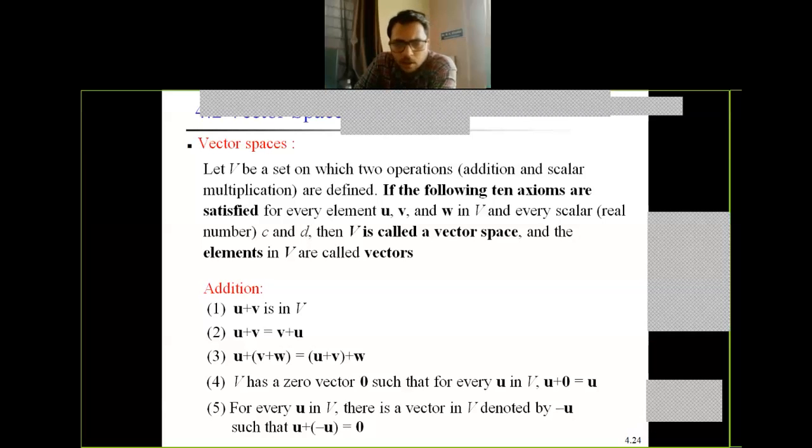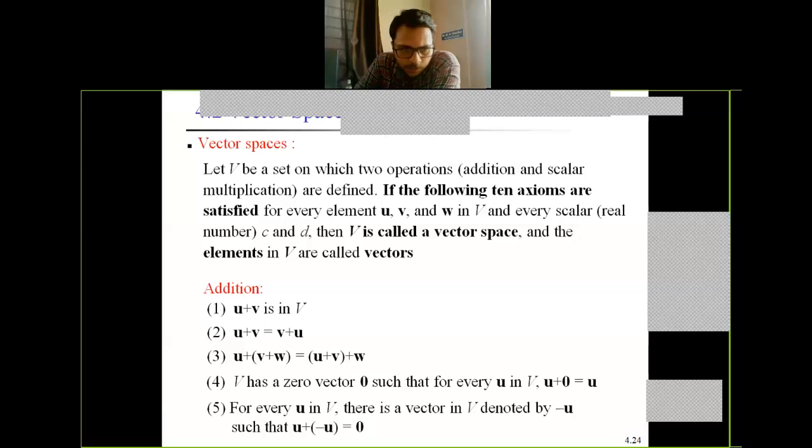Very rare exceptions exist, so most vector spaces follow this thumb rule. I will discuss that thumb rule also.